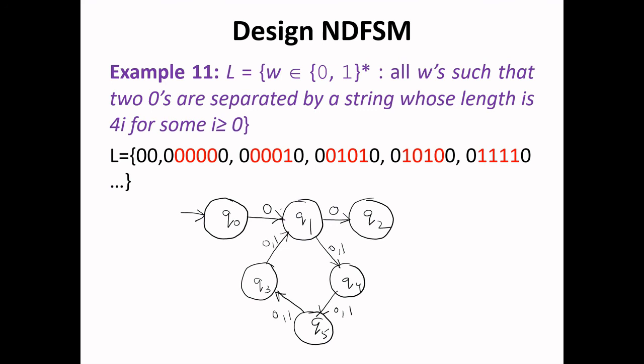Now if you see here, we have a string of length 1, 2, 3, 4 in between these two zeros.